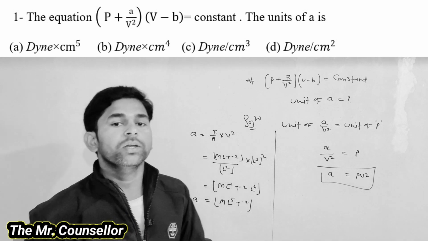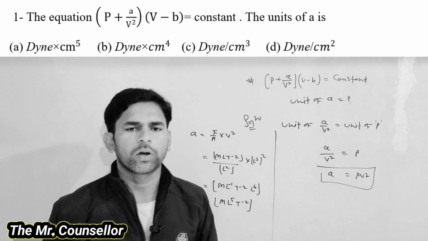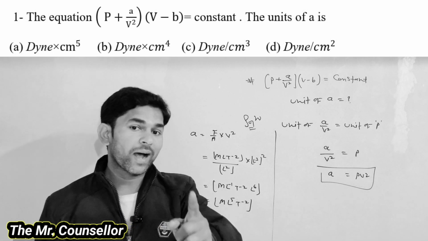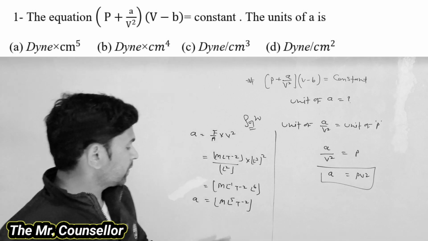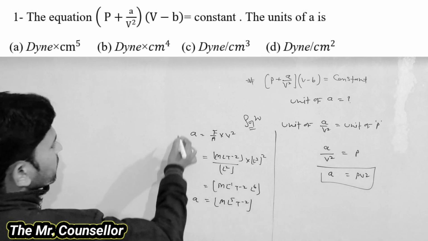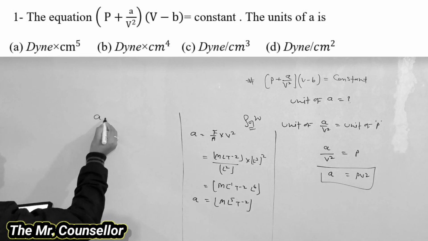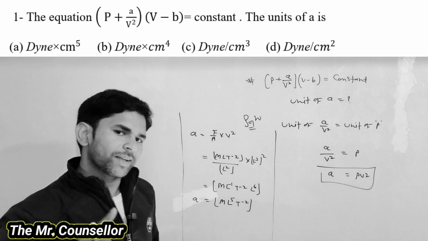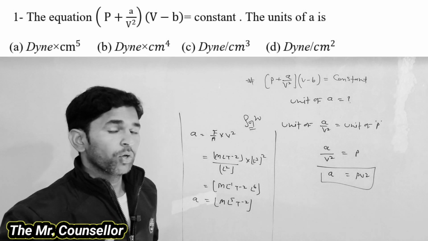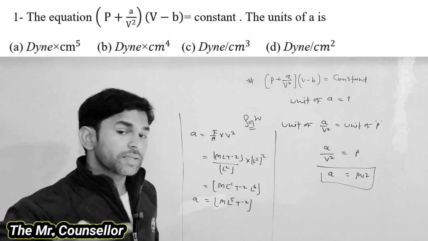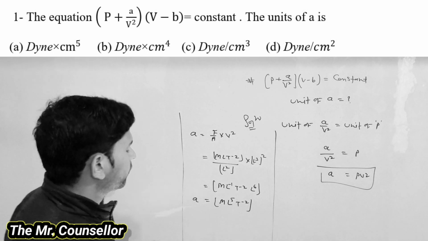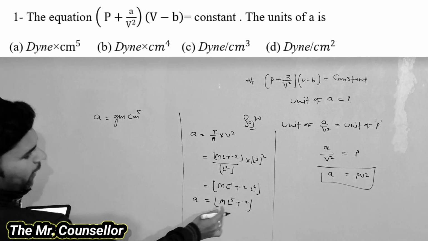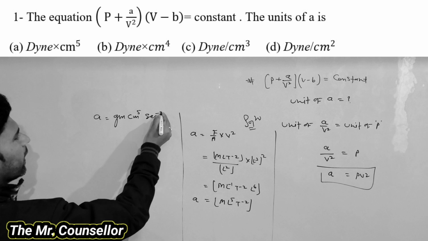Actually they are asking for the unit, not the dimensional formula. If they ask for the dimensional formula you find it like this, but they are asking for the unit, so we need to change it. The SI unit of mass is kg and the CGS unit is gram. Since the options are given in CGS form, we change into CGS: gram into centimeter power 5, second to the power minus 2.